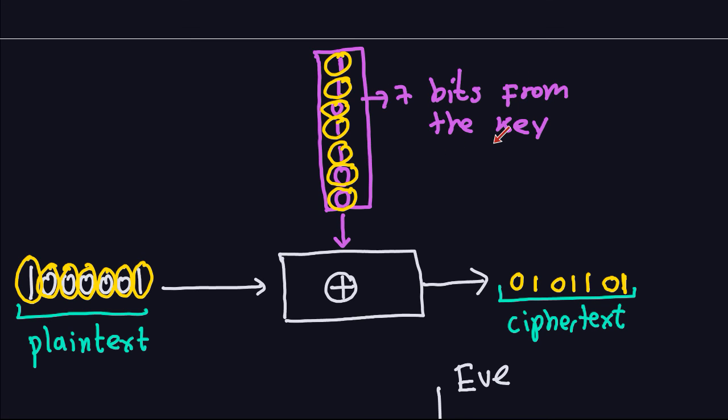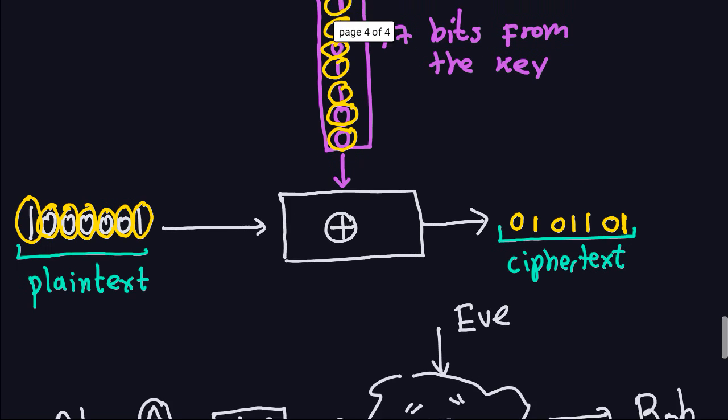Again, they are not the binary representation of the key; they come from the key, but not from its binary representation exactly.